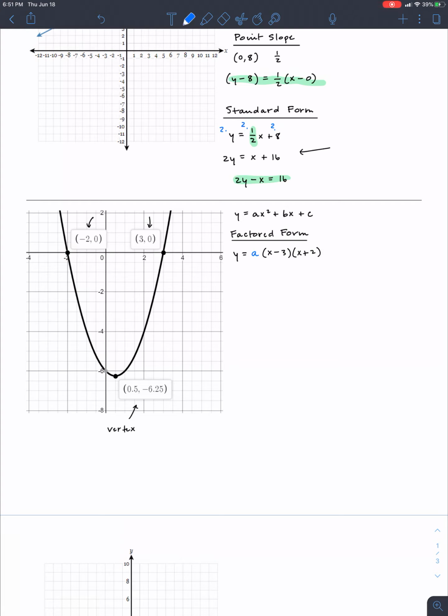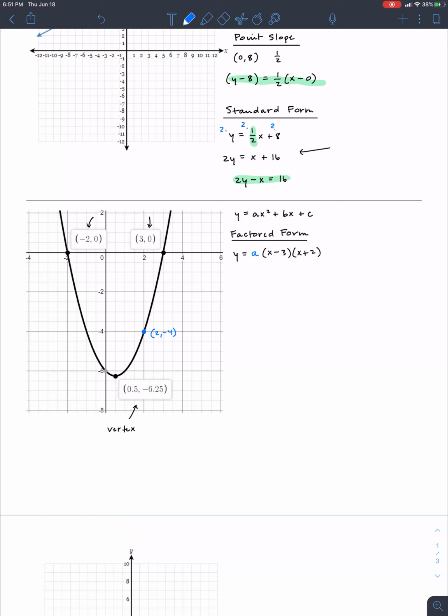We need to figure out what that value of a is. So we're going to use a point on this parabola to solve for a. And I'm going to choose a point that's relatively easy for me to manipulate. So we're going to go with the point (2, -4).